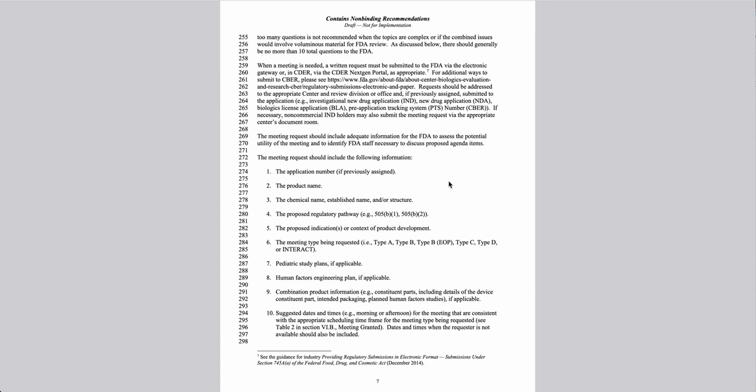Then if we have a pediatric study, we are going to add the plans for the pediatric study. If applicable, we are going to write down about the human factors engineering plan. We can also talk about the combination product information if, of course, applicable.